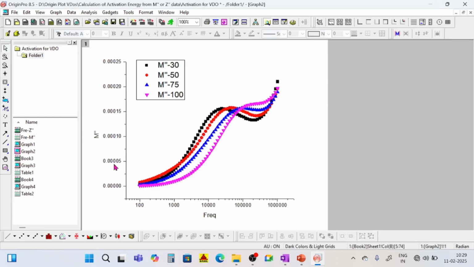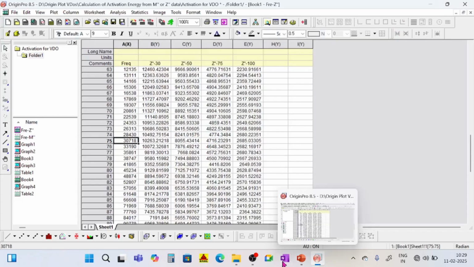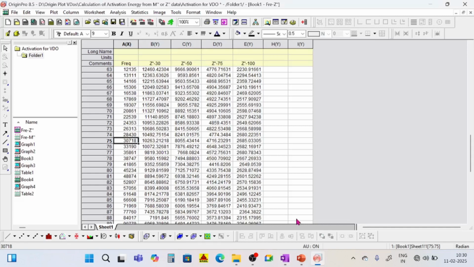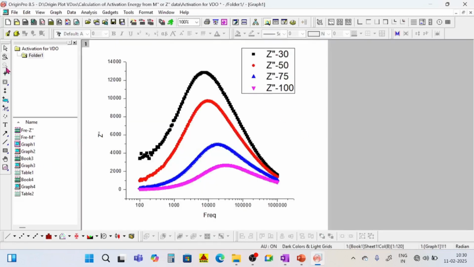So obviously we can get the activation energy at approximately the same value. Okay, so here activation energy from Z double prime, how much we found, this one, 0.2152 electron volt, right?